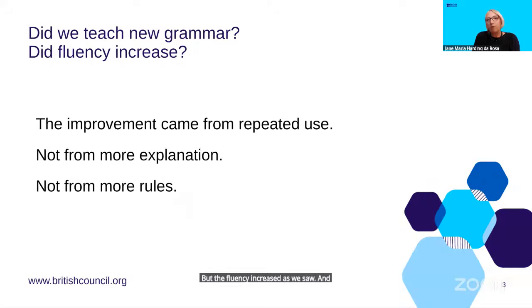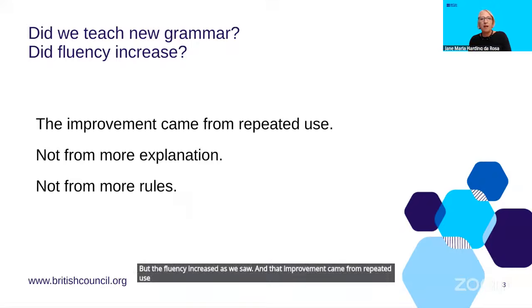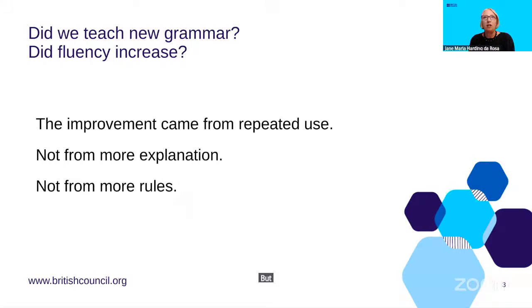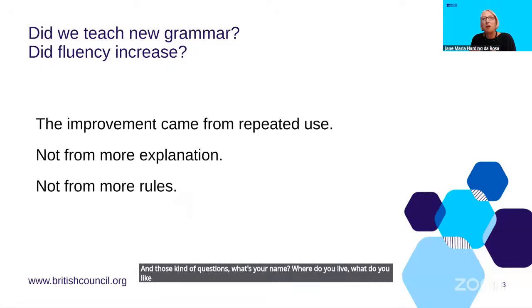And that improvement came from repeated use, not from an explanation, not from knowing more rules, but just from repeated use. And those kinds of questions: what's your name? Where do you live? What do you like doing? Those are such simple, basic questions, aren't they, that we seem to cover all the time.